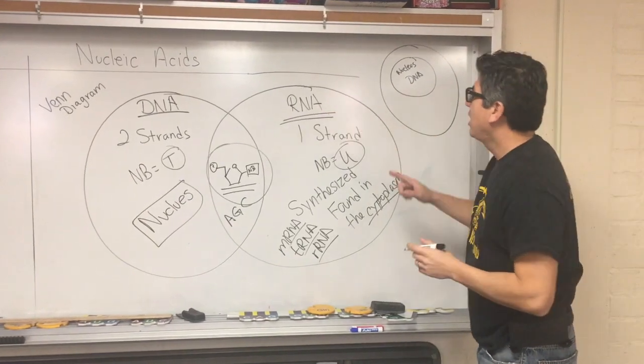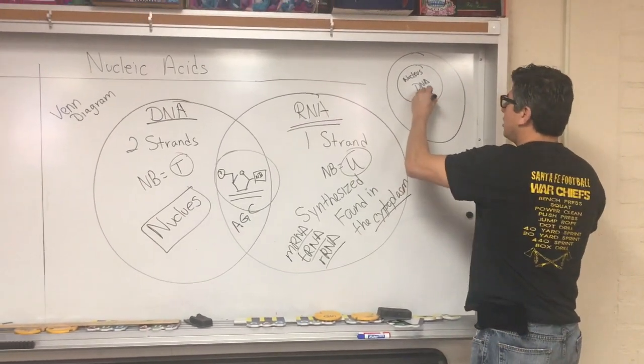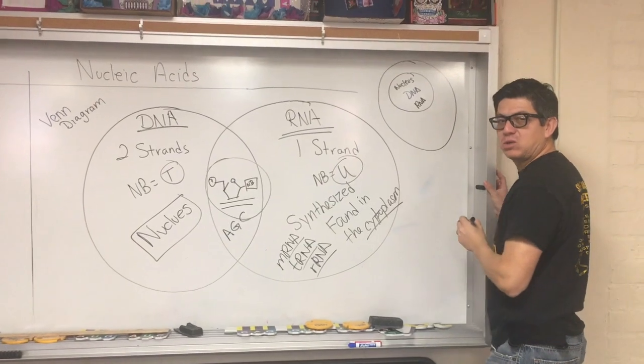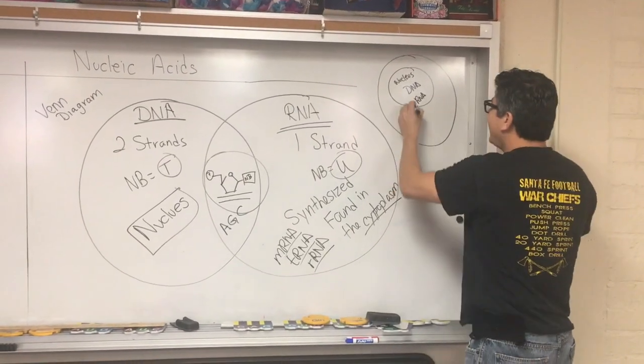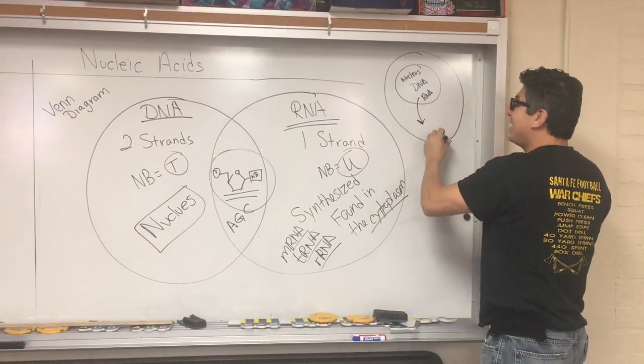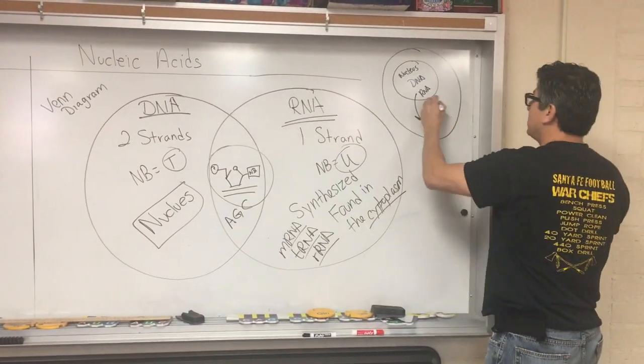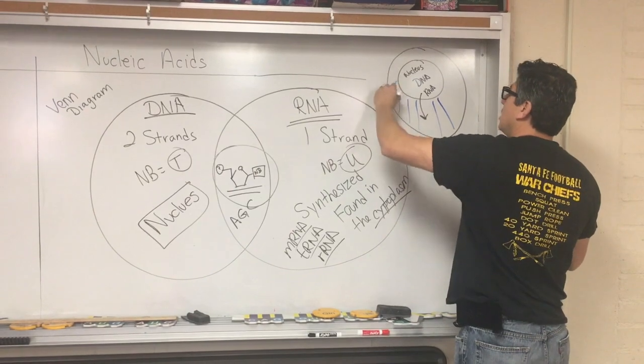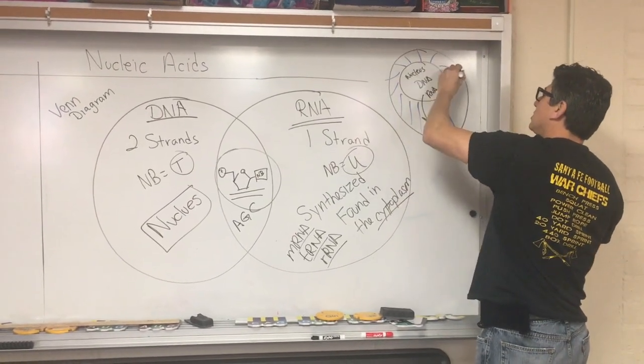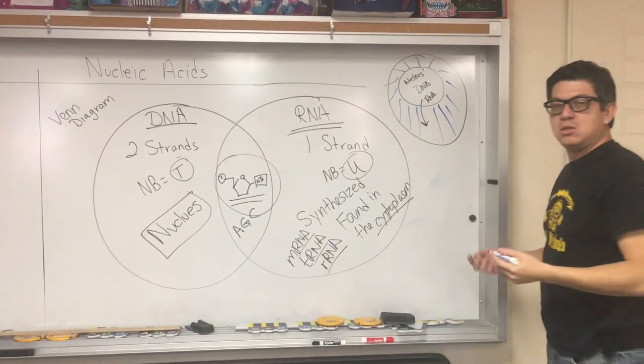Whereas RNA is made in the nucleus through a process called transcription, but it actually goes out into the cytoplasm. What is the cytoplasm? The cytoplasm is all of this. It's basically everything outside the nucleus.